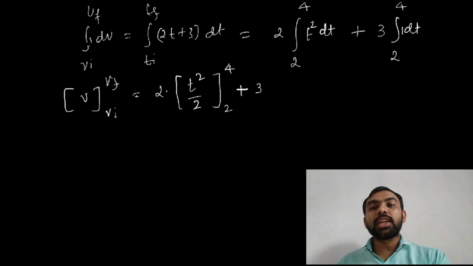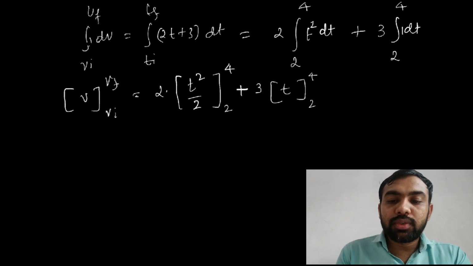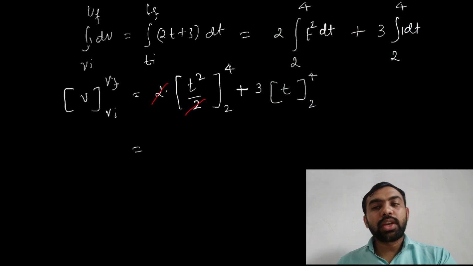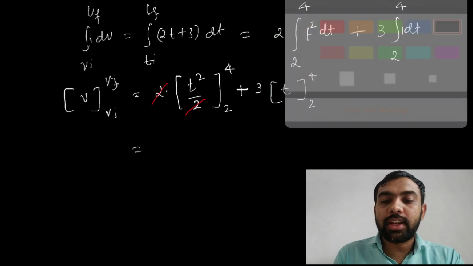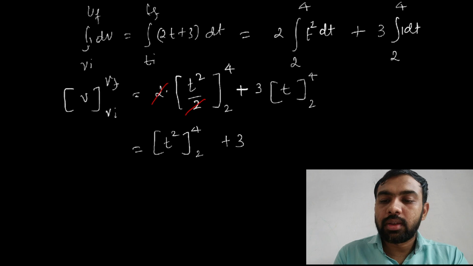So what is integration 1 dt? That is t, limit 2 to 4. See here, 2 and 2 cancel out. So finally we get t square from 2 to 4 plus 3t from 2 to 4.